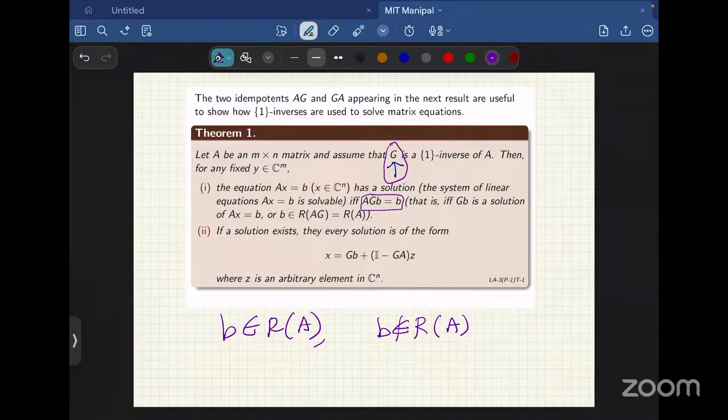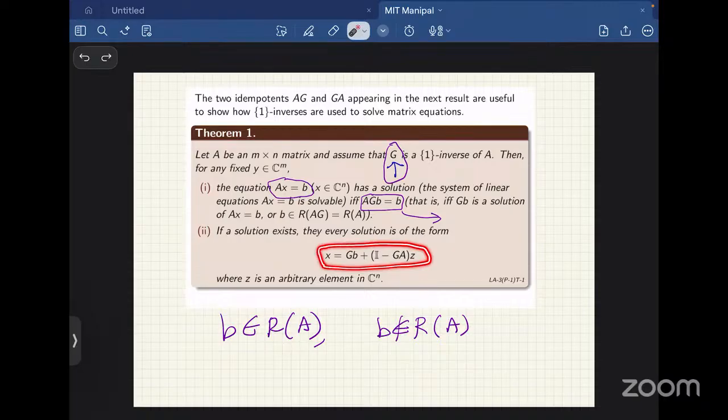There are several ways to construct this G depending on your A, by knowing the rank. This simple equation helps us see whether the system has a solution or not. If I know one solution Z, or one G which is a 1-inverse, then we can get every other solution. Every solution is of this form.